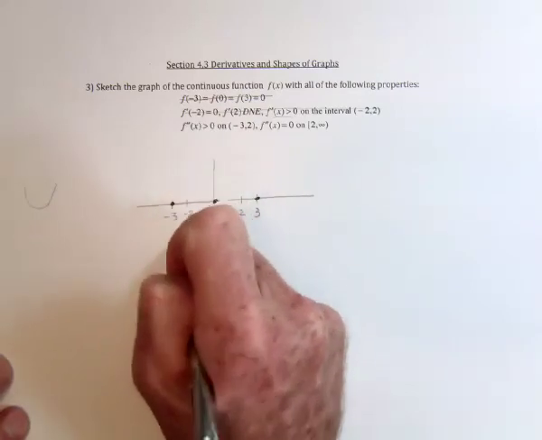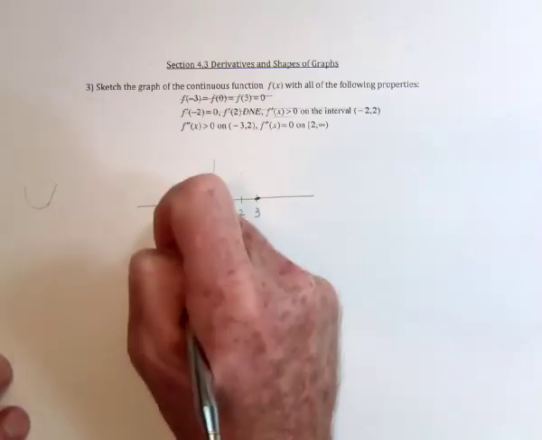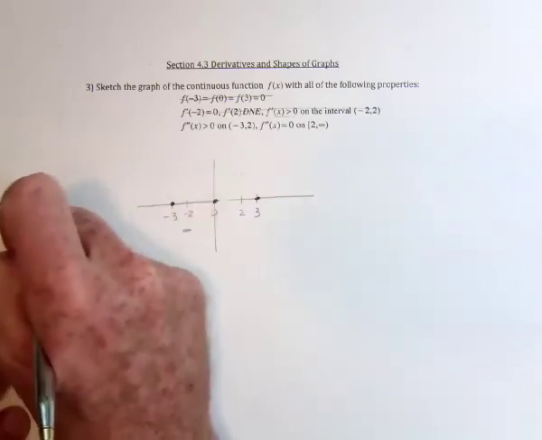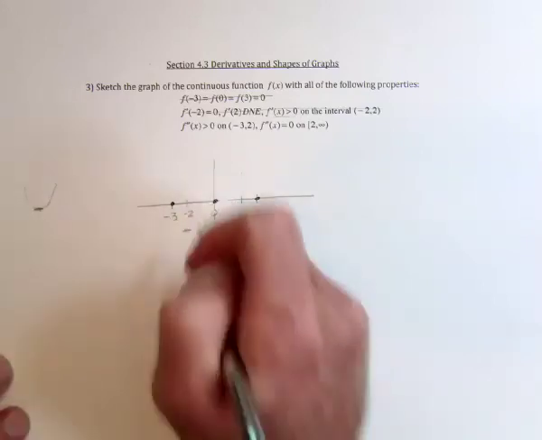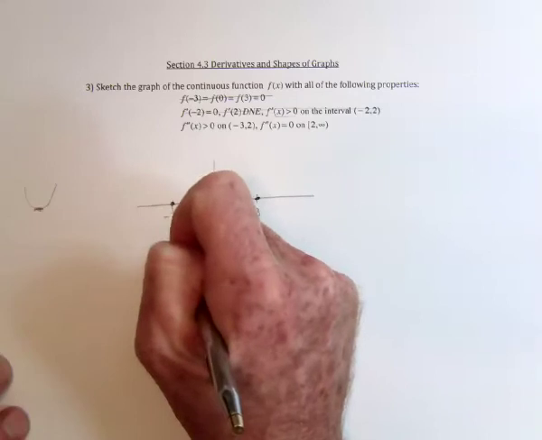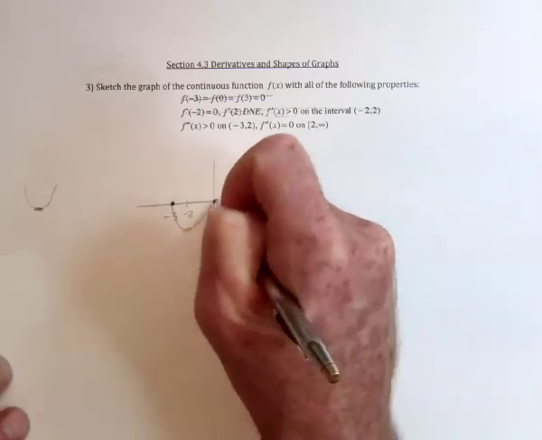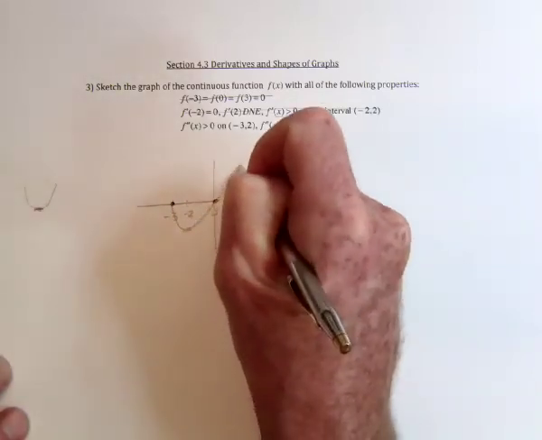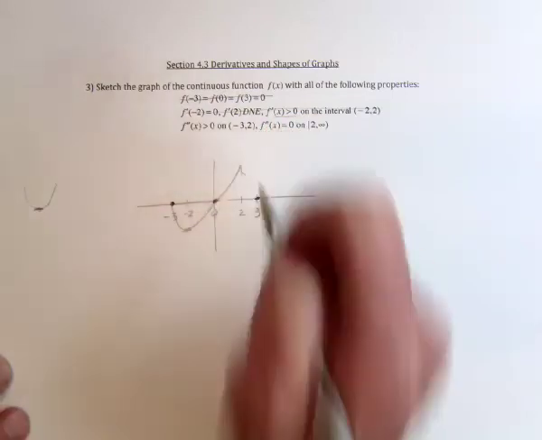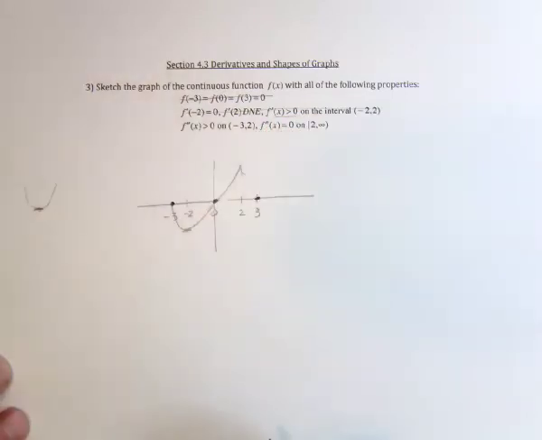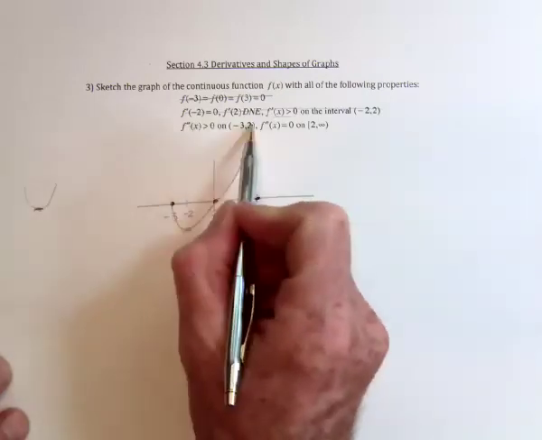So from -3, I'm going to need to have it bottom out right here and then make a U shape. So I'm putting this at -2. I also need it to go through 0, and then I could have my cusp thing. Great, done with that part.